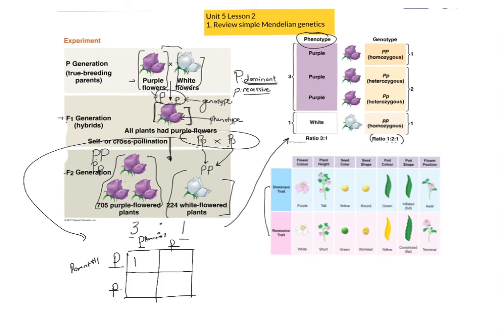And so, for example, this top left will be a homozygous dominant offspring. This bottom right will be a homozygous recessive, or white-flowered, pea plant. And then these top right and bottom left will both be heterozygous pea plants, right?